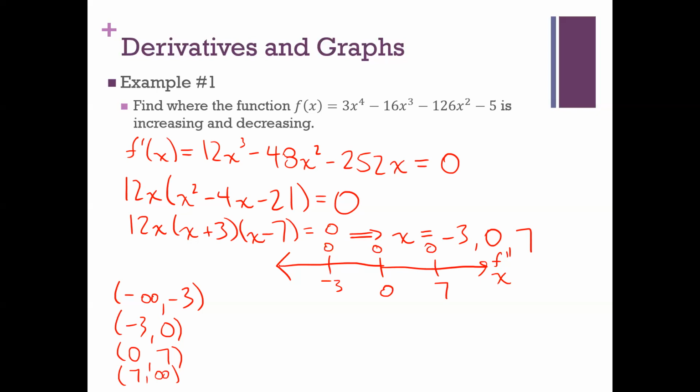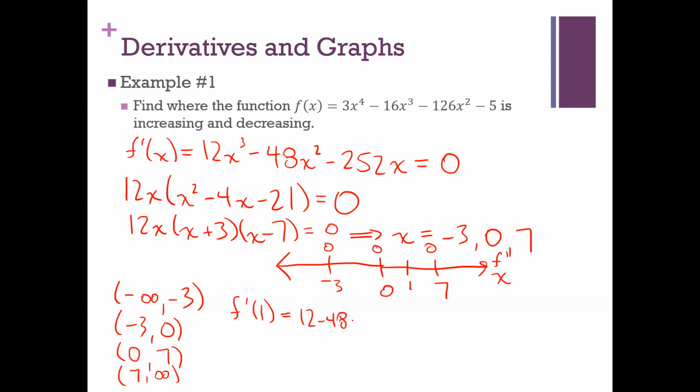Okay, so let's pick an interval, and then I'll have some follow-up questions. Let's pick the value 1. That'll tell us everything between 0 and 7, right? I am looking for increase and decrease, so I need to know about rates of change. So f prime of 1 is equal to 12 minus 48 minus 252.